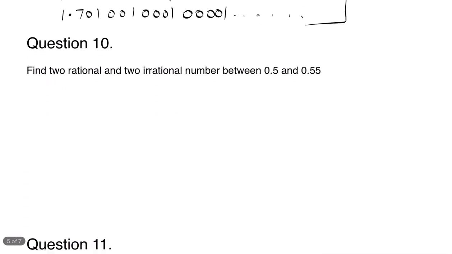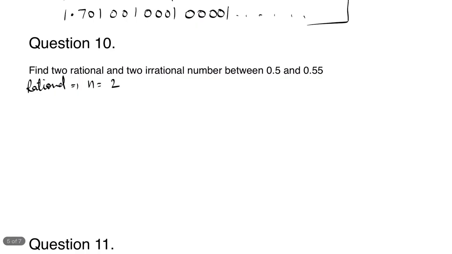Find two rational numbers and two irrational numbers between 0.5 and 0.55. So for rational numbers, we have to find 2 rational numbers. For this we must make the denominator the same. So 0.5 can be written as 5 upon 10 and 0.55 can be written as 55 upon 100.